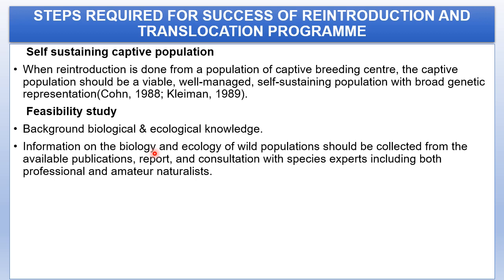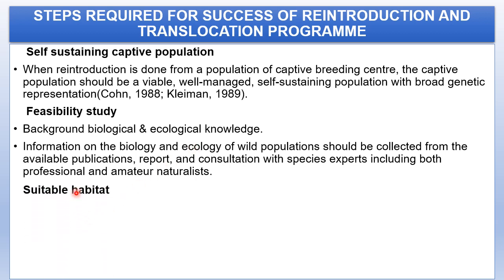Biological knowledge covers aspects such as reproduction, mating system, social structure and behavior, etc. Ecological knowledge covers biotic and abiotic habitat requirements, adaptation to local ecological conditions, intraspecific variation, and interspecific relationships including feeding, predation, disease, etc.